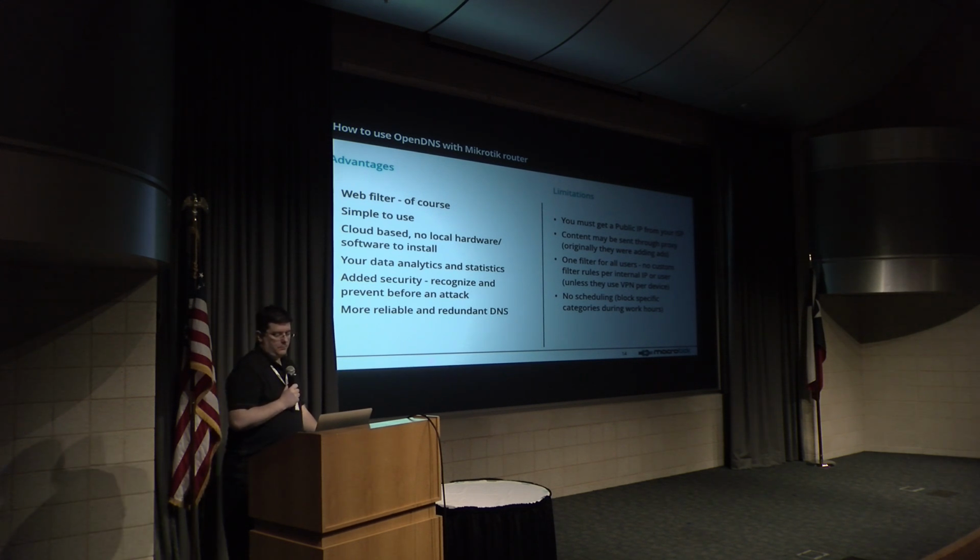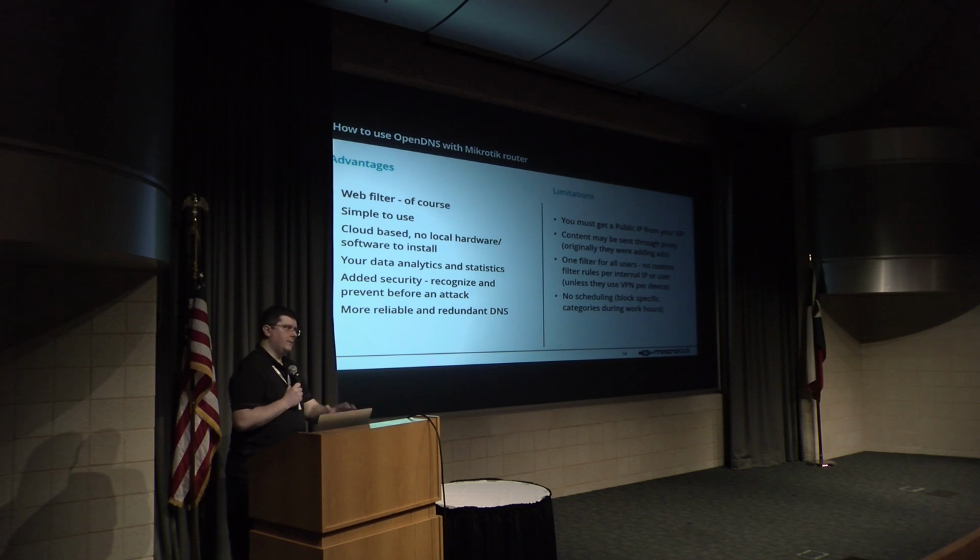The third big challenge is that the filter is all based on one network, meaning your office. If you have an office or household and you would like to apply different rules, they're all seen as one IP address. What you could do, with a few rules that are not added here but can be easily configured on a MikroTik, is create a special rule for specific IP addresses and say that for these IPs don't apply OpenDNS, but for the rest, yes.